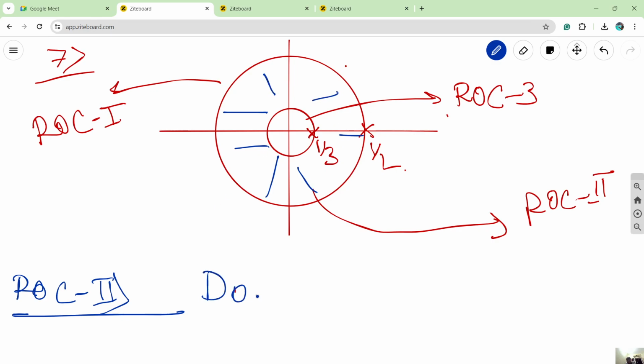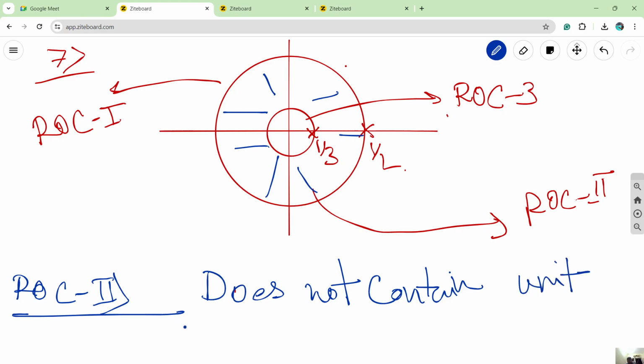This does not contain the unit circle, and that means it is unstable, and it is inner to the outermost pole.